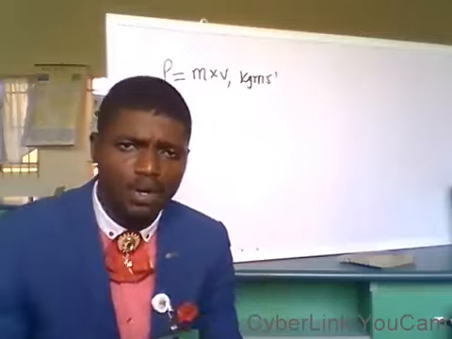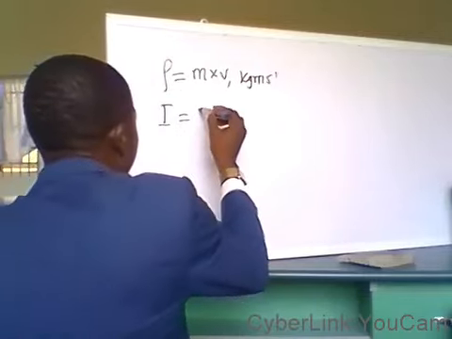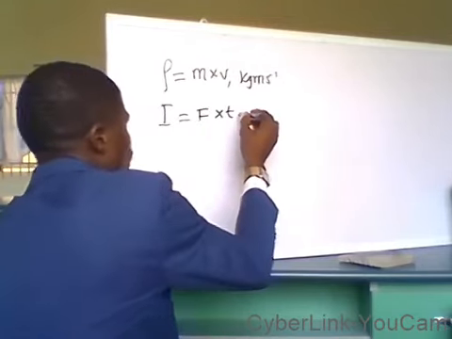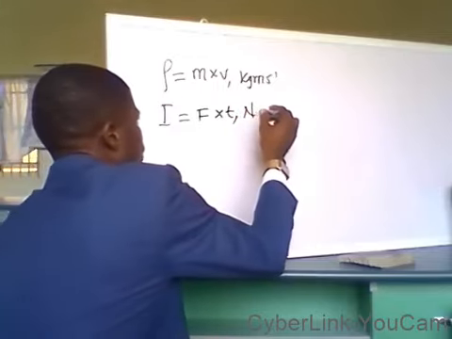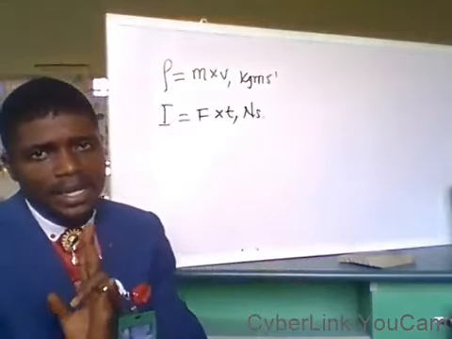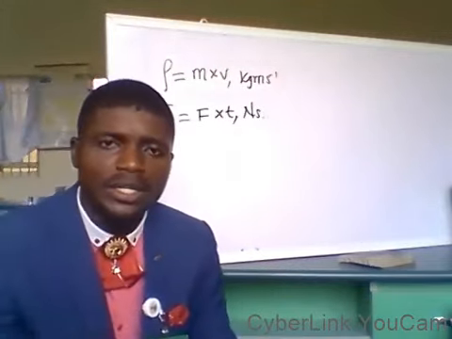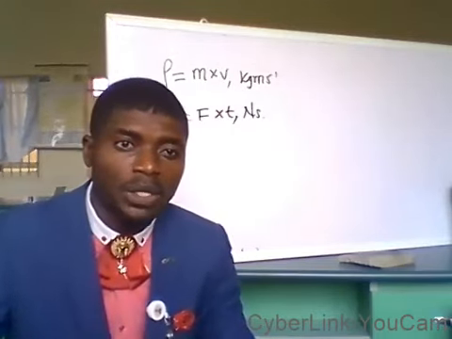We define impulse I as force times time. Impulse is measured in the units of Newton second. Impulse is defined as force times time and is measured in the SI units of Newton second.